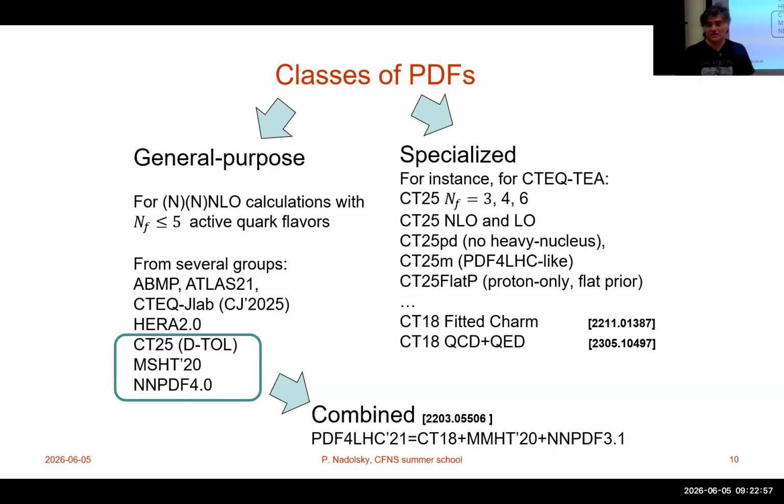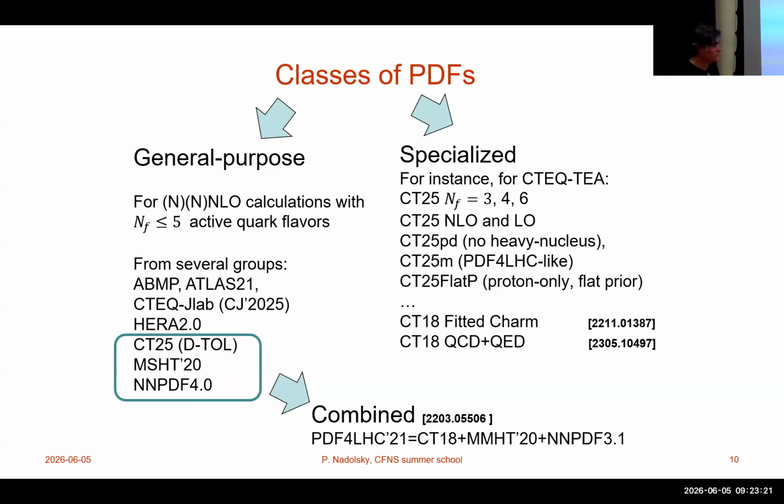Then you can select data differently. I can show you what the selection of the data does. You can do the statistical analysis differently, right? And then you can do PDFs with the fitted charm. By default, we just generate the charm perturbatively. We only have the extrinsic charm in our analysis. You can include the photon PDF.